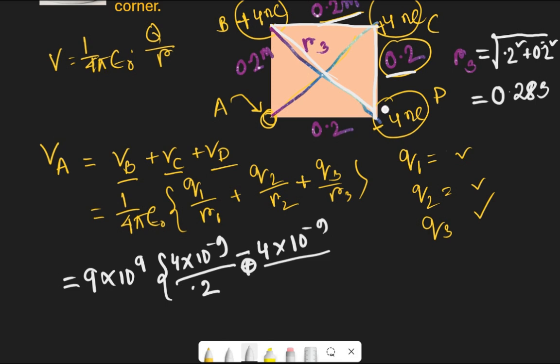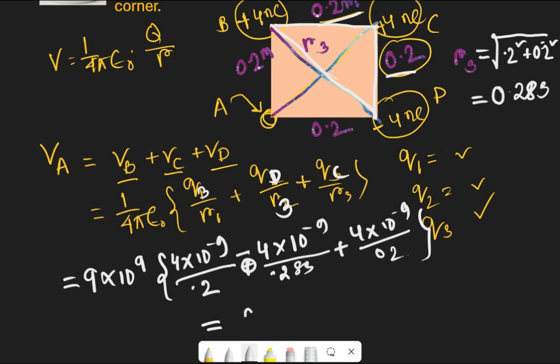And here will be 0.283. Actually, this is R3. Let's write down here RD. This is B and this is C, more clear. So this is 4 into 10 to the power minus 9 over 0.2. If we use calculator, we have a value of 233 volt. So this is the final answer.